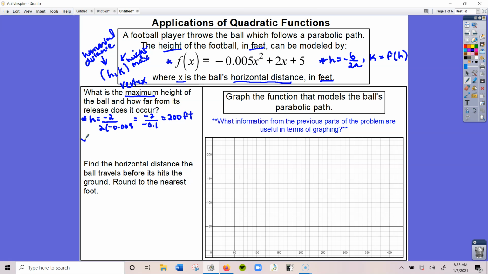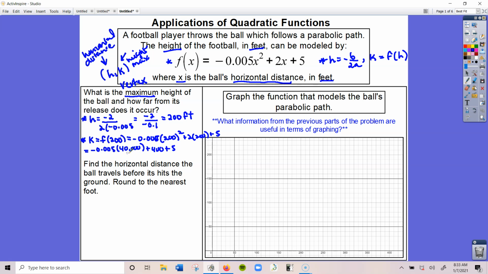Now let's get the k. K is what we get once we plug 200 into the function, so we're looking for f of 200. That would be negative 0.005 times 200 squared plus 2 times 200 plus 5. Let's work this out. Negative 0.005 times 200 squared, which is 40,000, plus 400 plus 5.